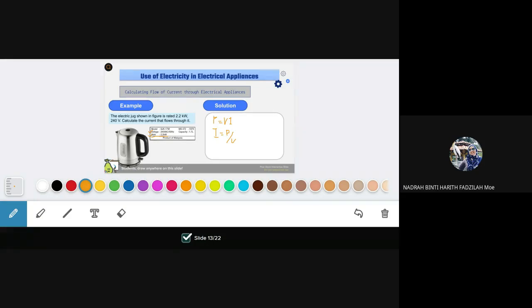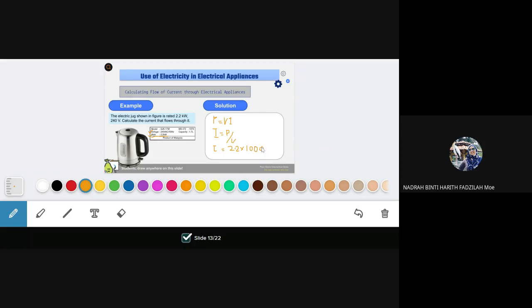So kalau kita nak guna dalam rumus ni, we have to convert the power into watt. Kan sebab dalam rumus tadi, the power used is watt divided by voltage kan.